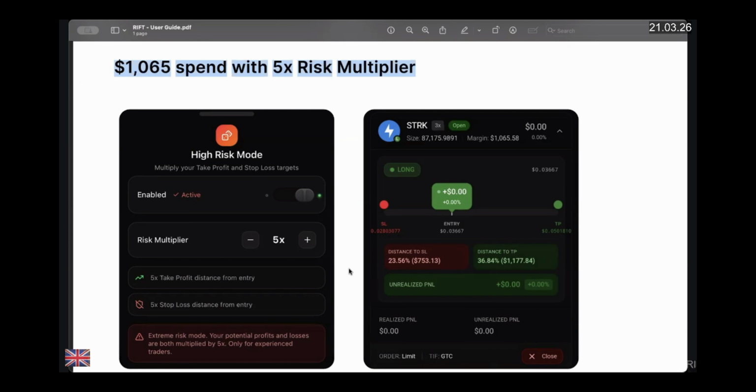difficult, but making $10 for you is easier because you are at high ticket size and you are using high risk multiplier, as well as you're using high leverage, which makes it easier for you to grab $10 in profit and immediately close the position once you realize 10 or $20 instantly.